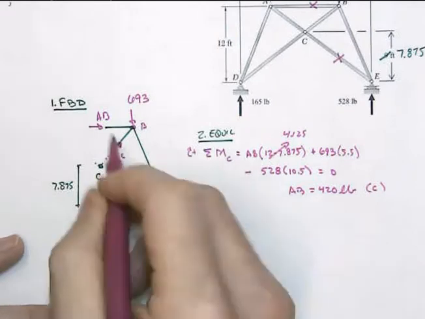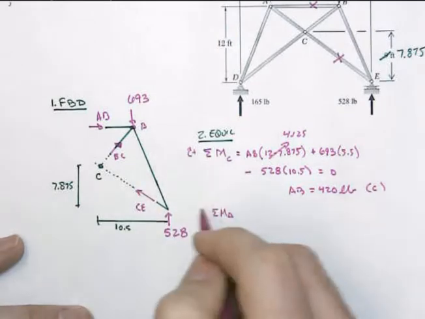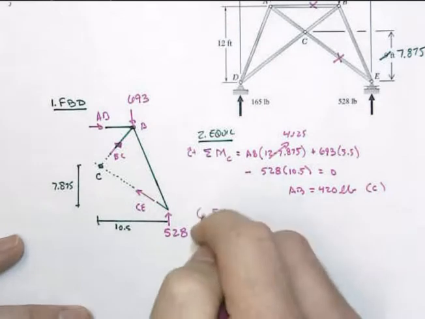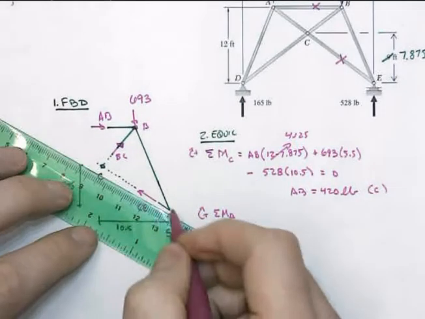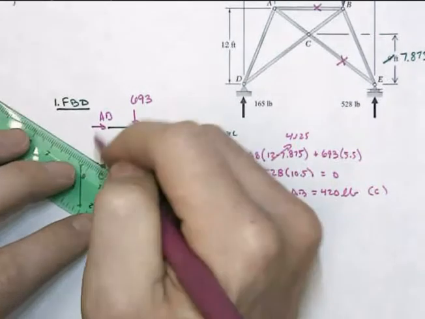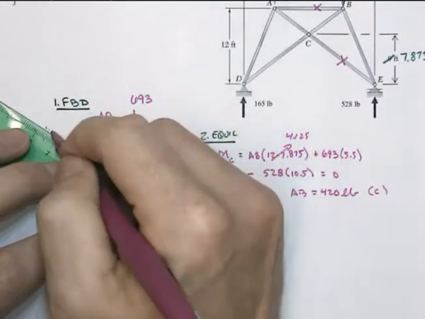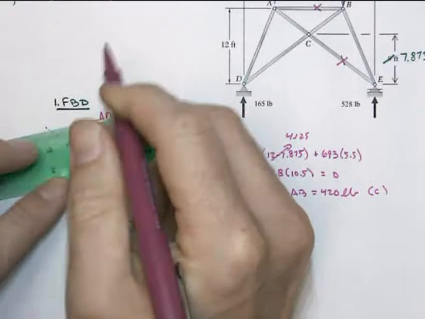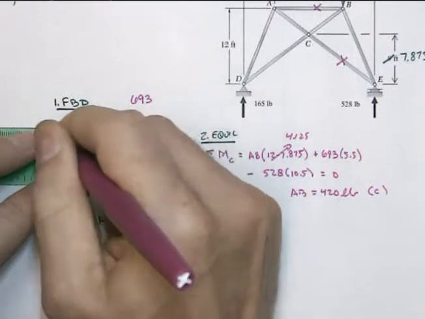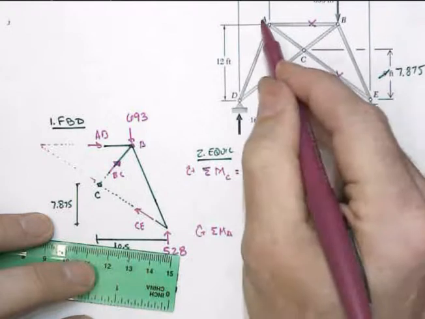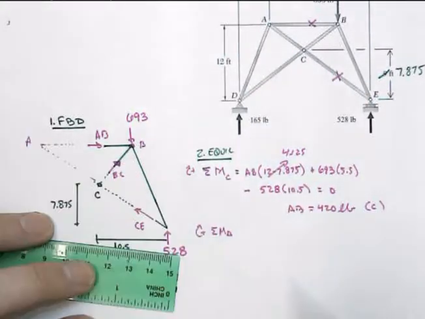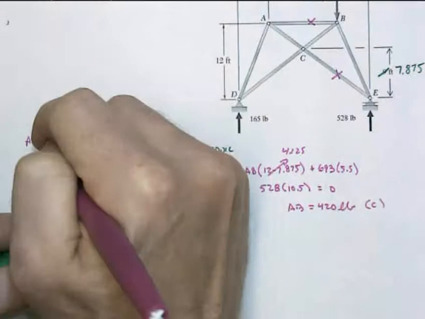And note, I don't really want to resolve this into some difficult place. Let's take this up to an easy place, and that member passes this line of action through A, so that's where we'll take our sum of moments about. CEY, CEX are the two components. That makes life a lot easier.